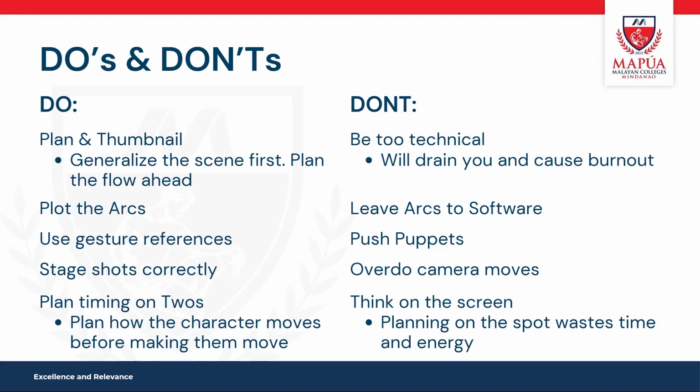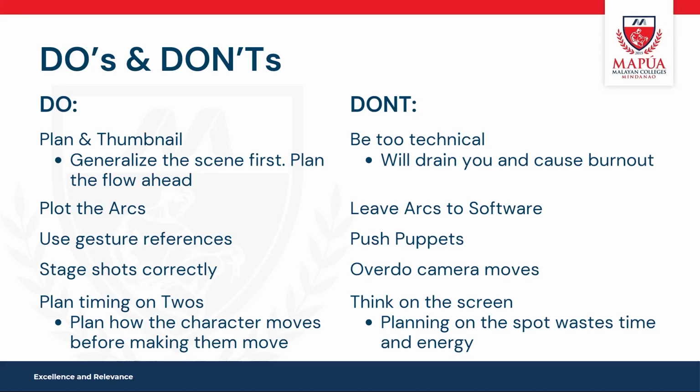Last and most important is do plan timing on twos, not on ones. When you plan the way your character moves, you are saving a lot of your time. And if you plan the way your character moves through animating in twos, not only do you save time, you also save effort and resources. With that, don't think on the screen. Don't think of the motions as you animate them.